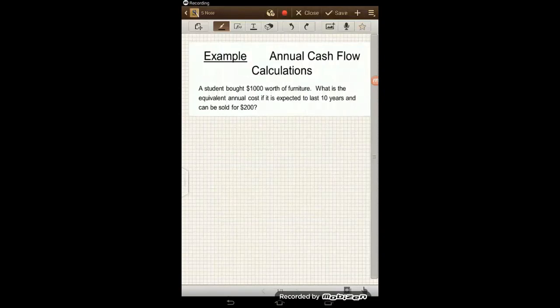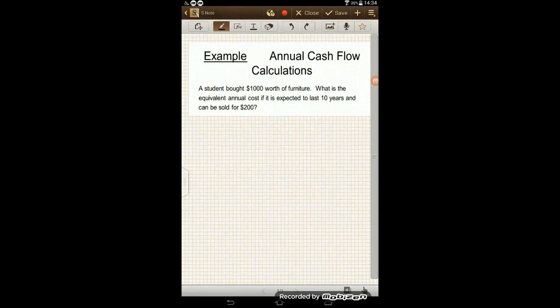Next question. We have the same question, but right now the student is again buying the furniture for $1,000 worth. Then he's gonna use it for 10 years, and after that he's gonna sell it for $200. So right now we are gonna see the equivalent annual cost, before we said uniform annual cash flow.